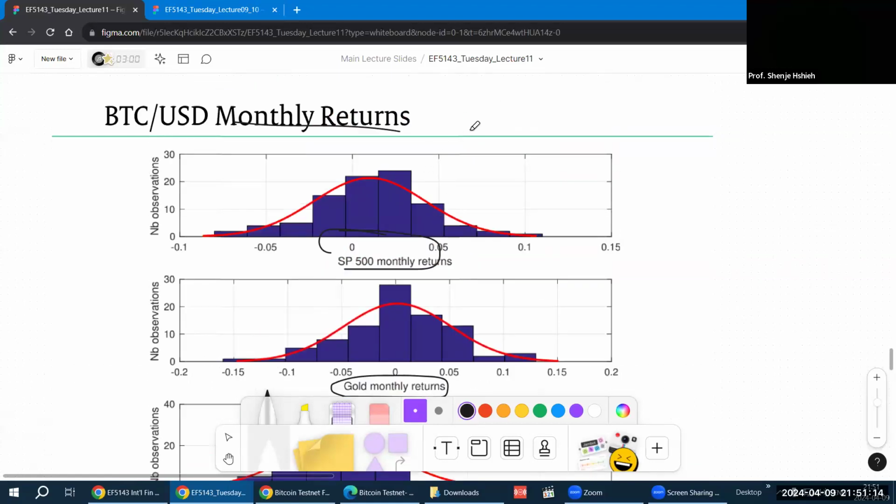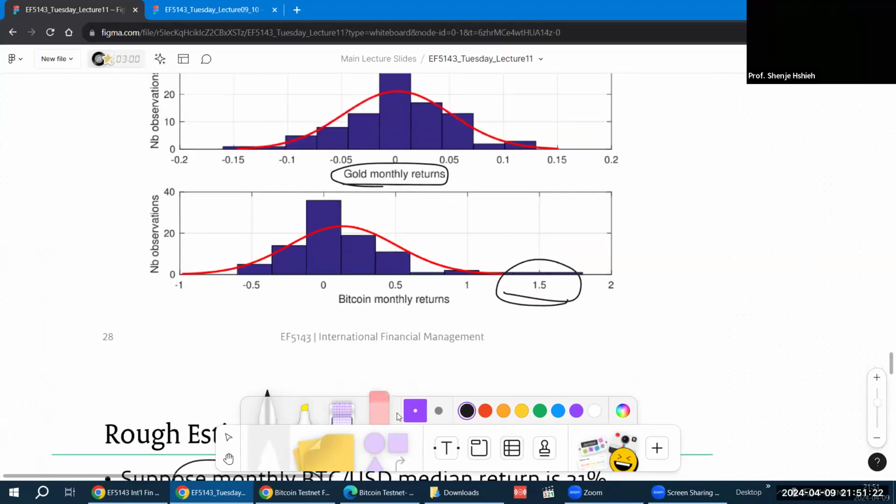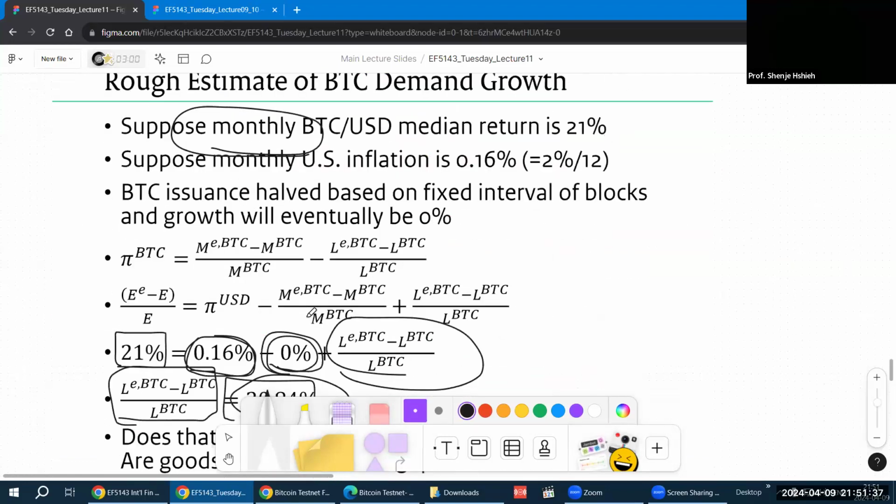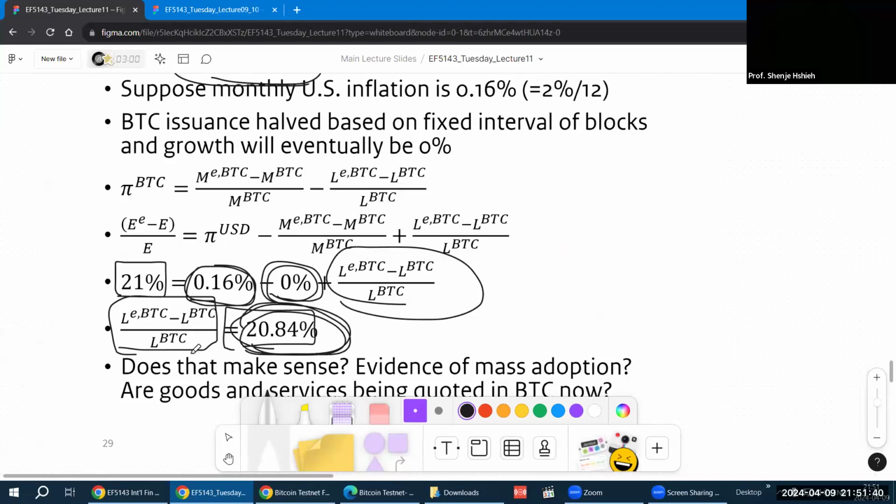This is between, I think, 2009 to 2020, I believe. You have 150% possibility, right? There's a possibility that Bitcoin increases in value by 150% in a given month. All right, that's nuts, right? This is something you would never expect to see for any stock in the US, right? So with that in mind, this is why you get such crazy numbers, that there's a 20% increase in adoption over the month, average adoption over the months between 2009 to 2020, right? It doesn't make quite a lot of sense.